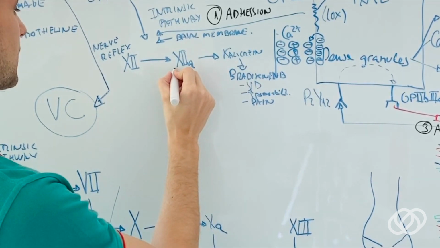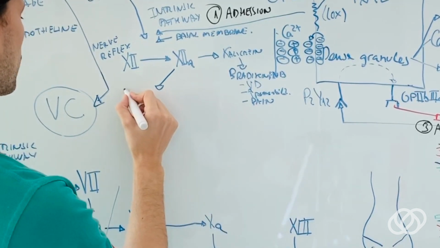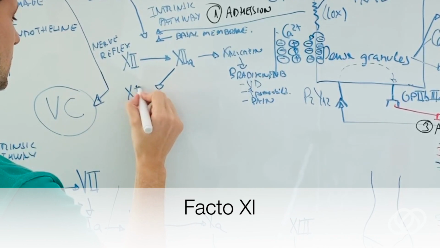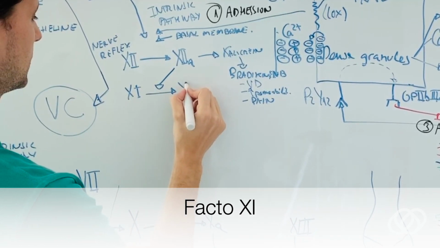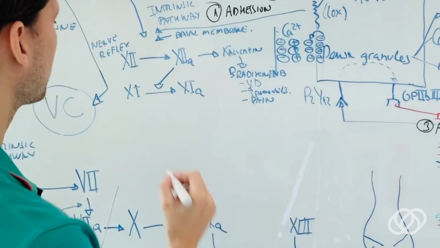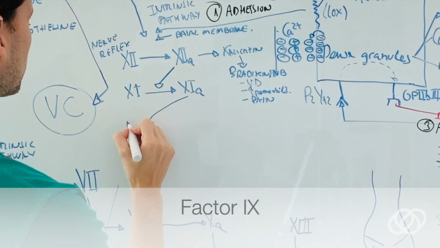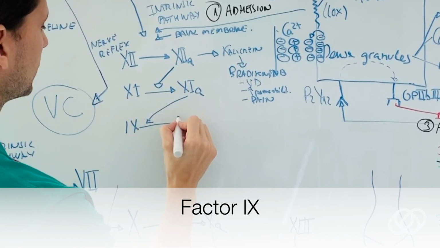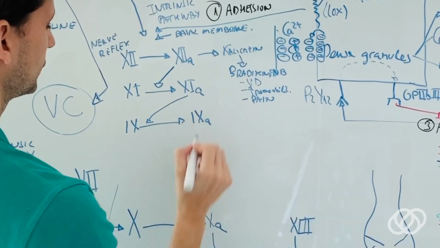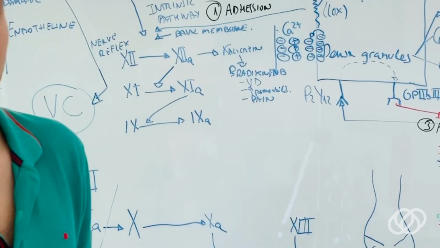We will have that this activated factor 12 will activate factor 11. And this factor 11 will activate factor 9. Okay, finally we have this factor 9 that is already activated.